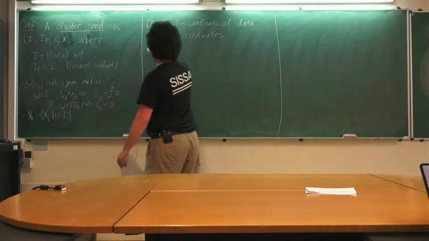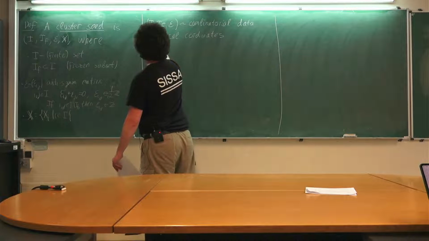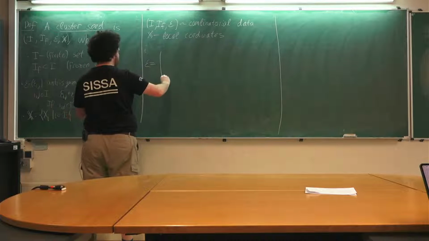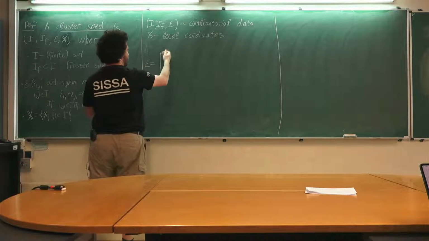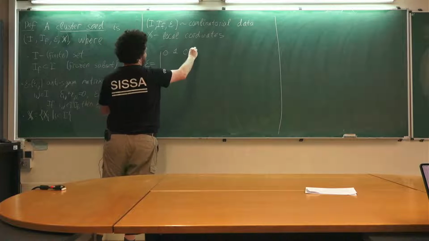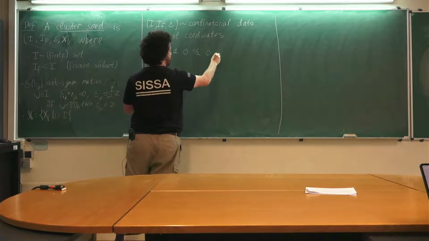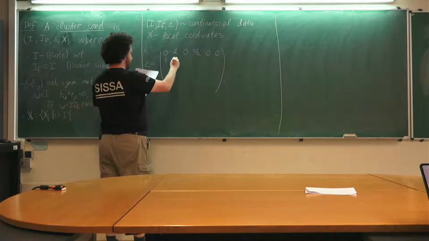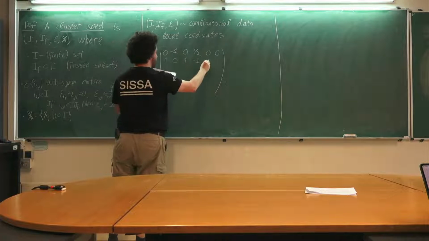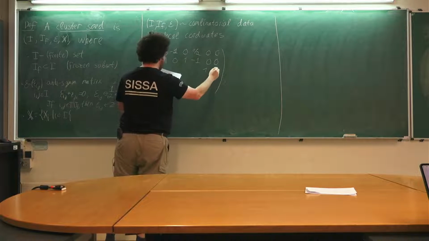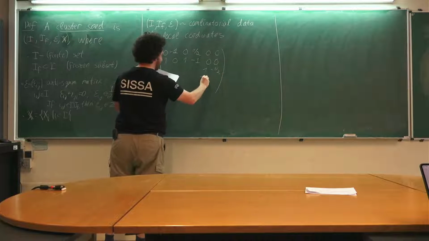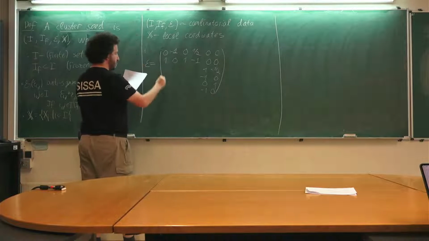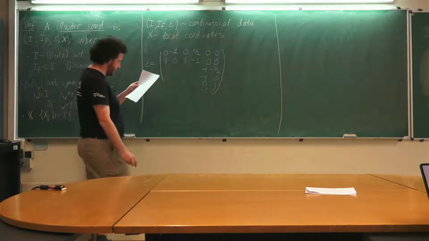Let me maybe give an example. Let's pick the following. I prepared a 6 by 6 matrix. You assume this matrix is anti-symmetric.